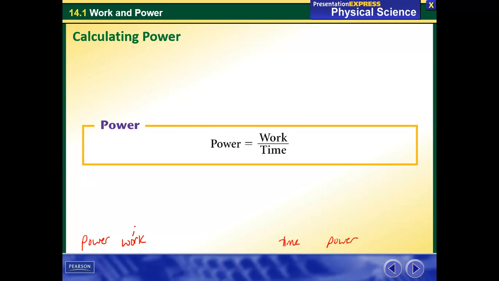Here, if we increase my work, we should recognize that my power will also increase, as long as time stays the same. This is a direct relationship. Here, if we increase the time it takes to do work, we're going to notice that our power actually goes down, and this is an inverse relationship.